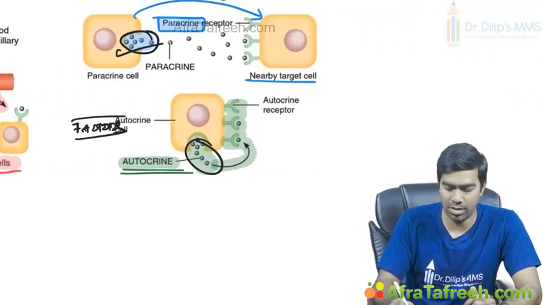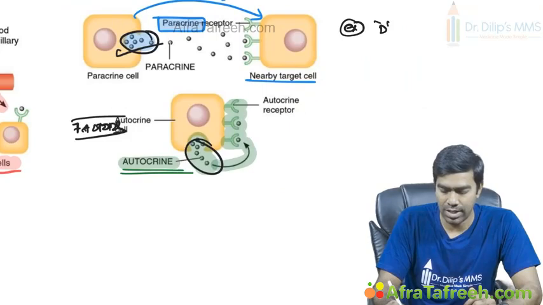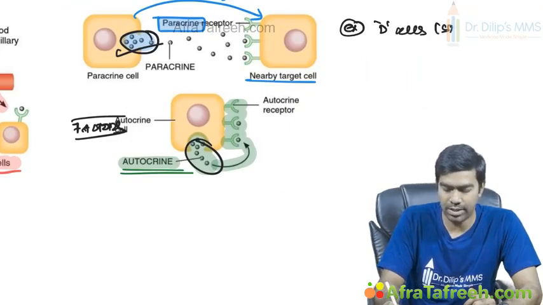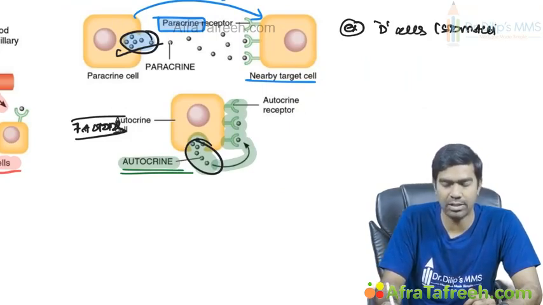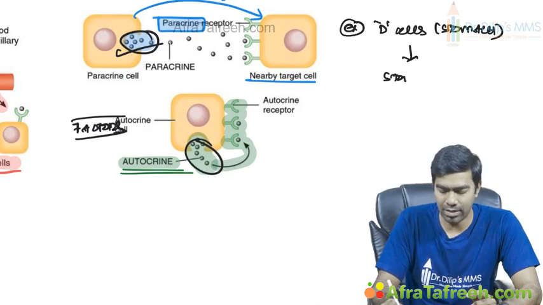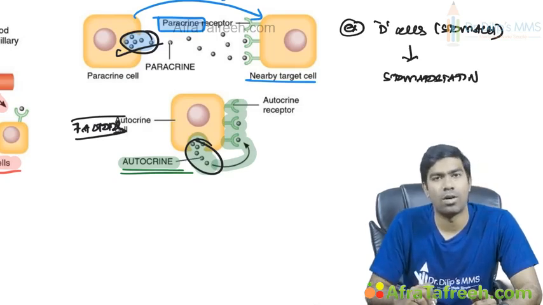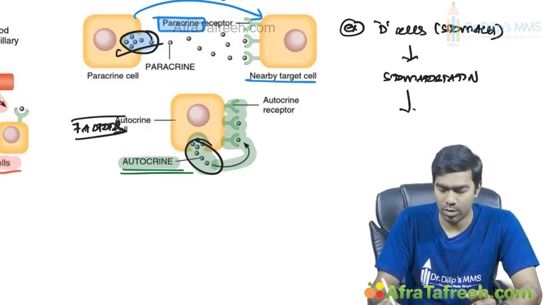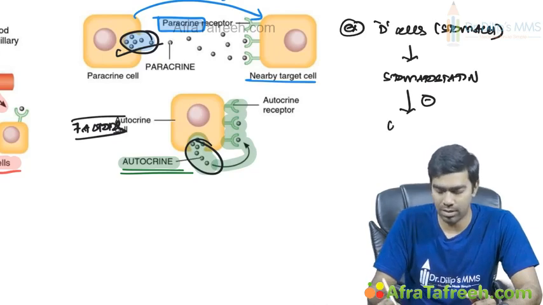For example, you have D cells in the stomach. D cells are present in many areas in the GIT, but let us take D cells in the stomach. They secrete a very important hormone called somatostatin. This somatostatin is going to inhibit G cells in the stomach.